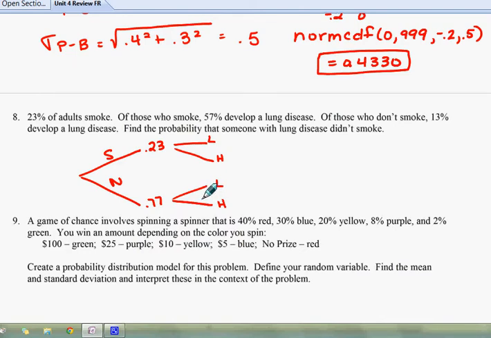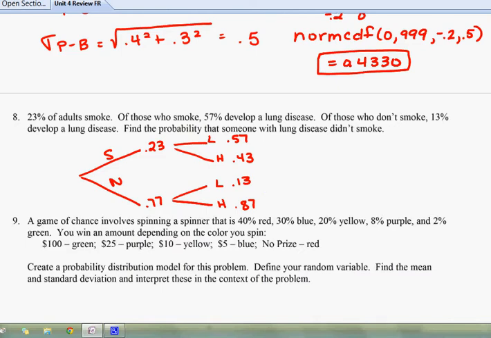Of those who smoke, 57% develop lung disease. So that means that 43% do not. Of those who don't smoke, 13% develop lung disease. So that would mean that 87% do not.